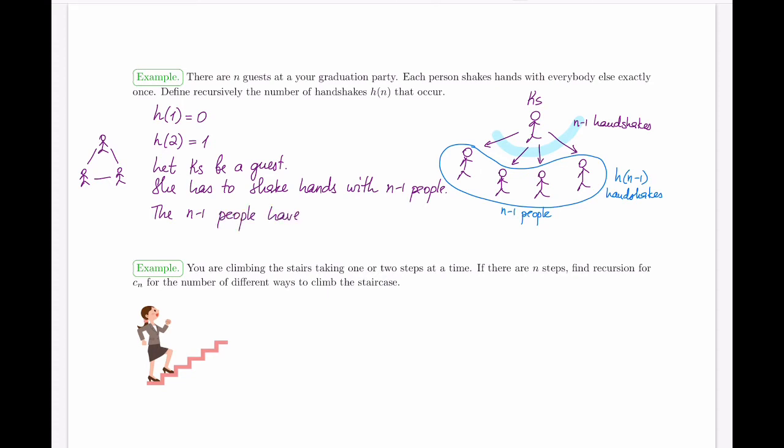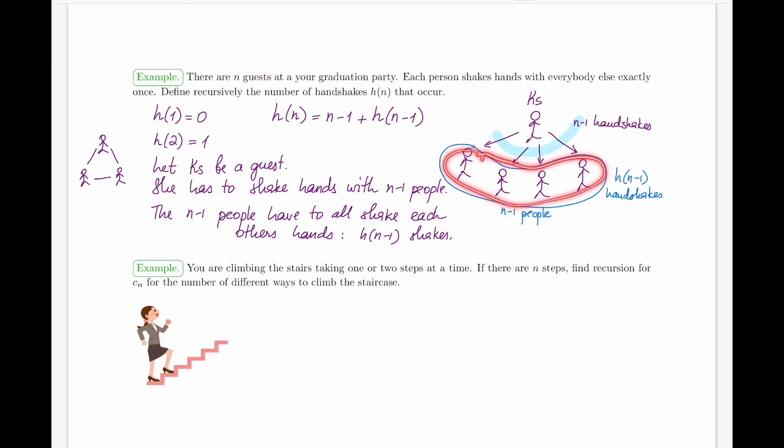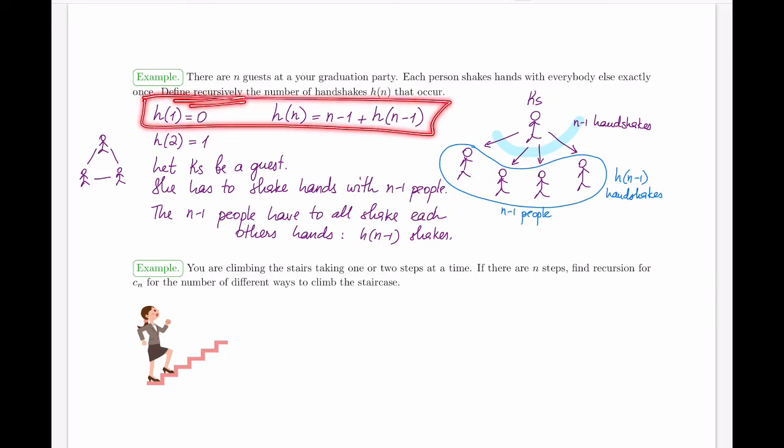People have to all shake each other's hands. And that results in h of n minus 1 handshakes. So what we have altogether is the number of handshakes amongst the n people is n minus 1 handshakes that one guest has to perform, plus the number of handshakes that the rest of the n minus 1 people have to perform amongst themselves. Once again, remember that the recursion always comes with an initial condition. So for the full definition, we actually have to include both of these pieces of information.